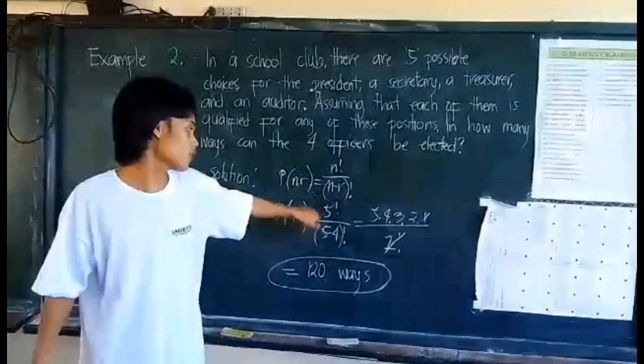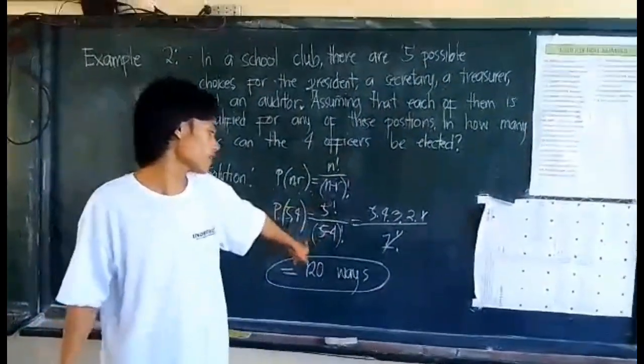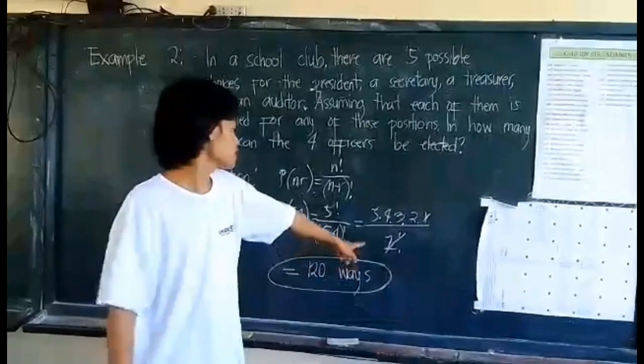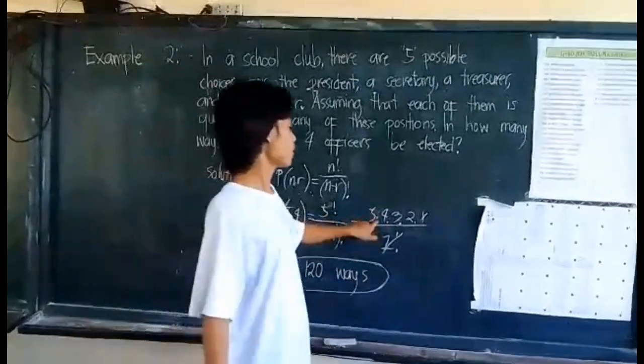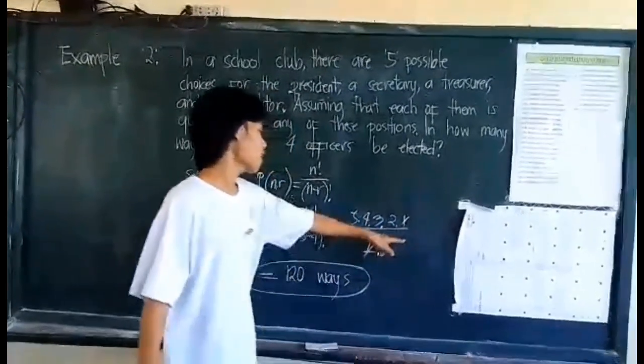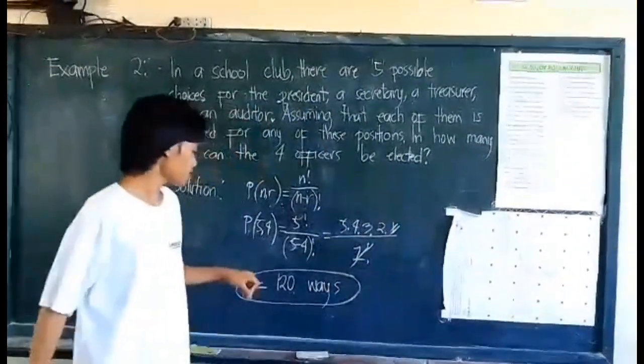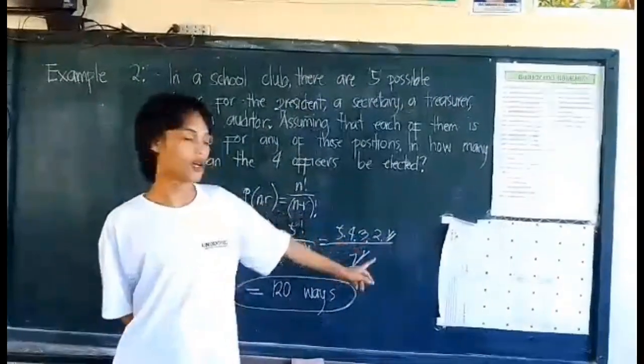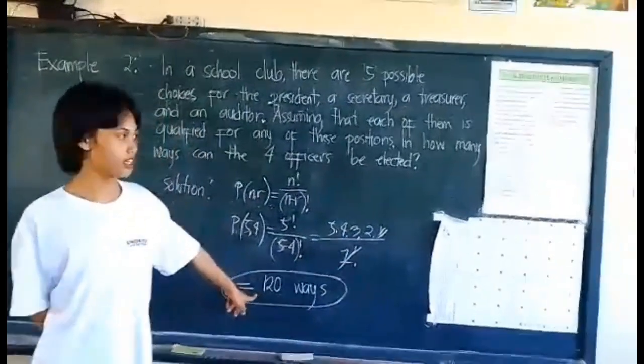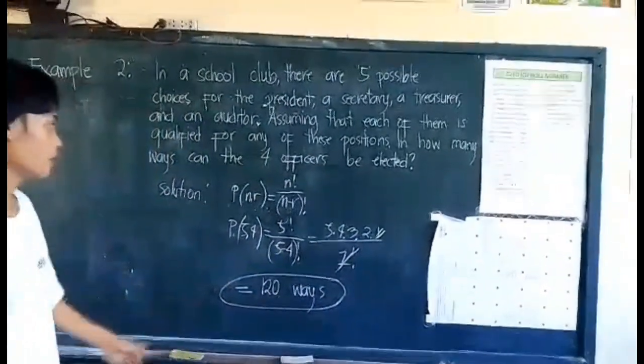So it equals 5 factorial over 5 minus 4 factorial, which is 5 times 4 times 3 times 2 times 1 over 1 factorial. So eliminate the 1, and 5 times 4 times 3 times 2 is equal to 120. So there are 120 ways.